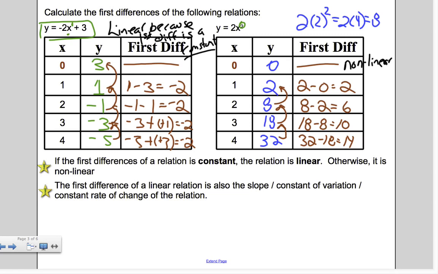Second thing is the first difference of a linear relation. Because it's a linear relation, that first difference is going to be constant. So the first difference of a linear relation is also the slope. We've also called this constant variation.